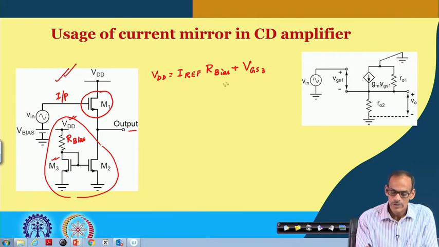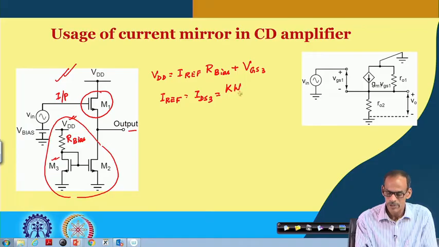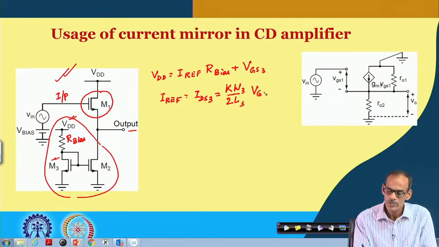And on the other hand, this reference current I ref is also equal to, of course, K multiplied by W by L of transistor 3 by 2 into VGS3 minus VT squared.